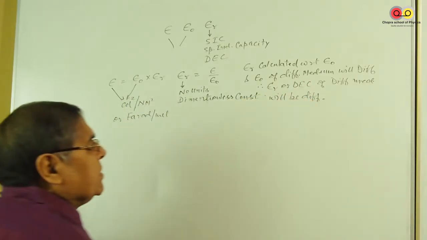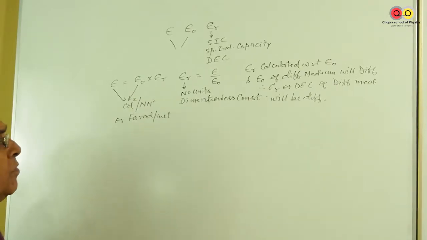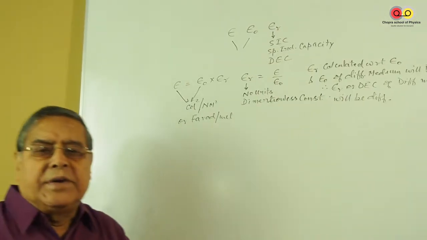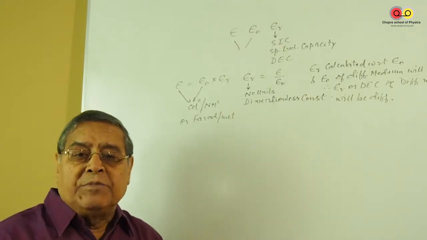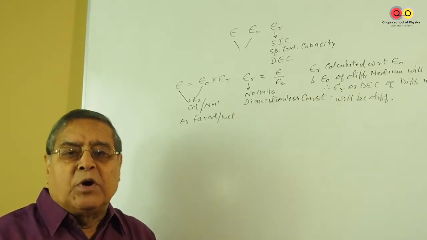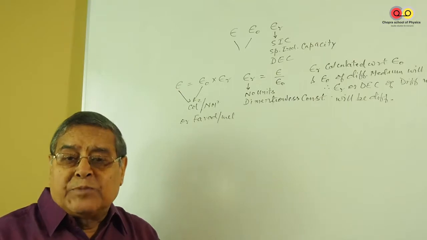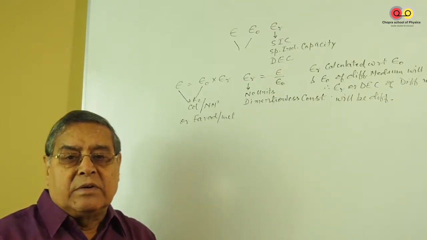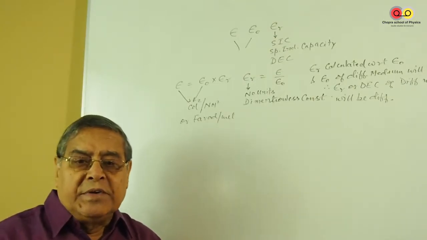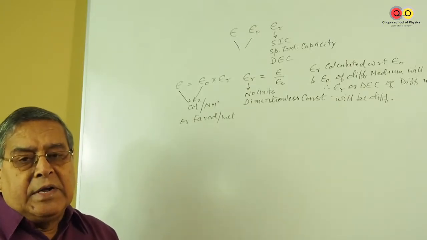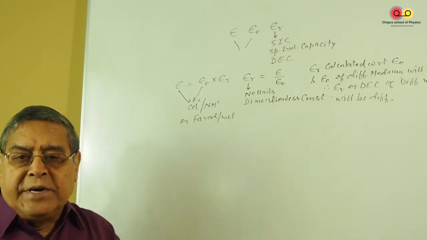We have come to the reasoning question: why do different mediums have different dielectric constants? Different mediums have different dielectric constants because their absolute permittivities are different. So absolute permittivity of different mediums will be different. That is a characterization of the medium.